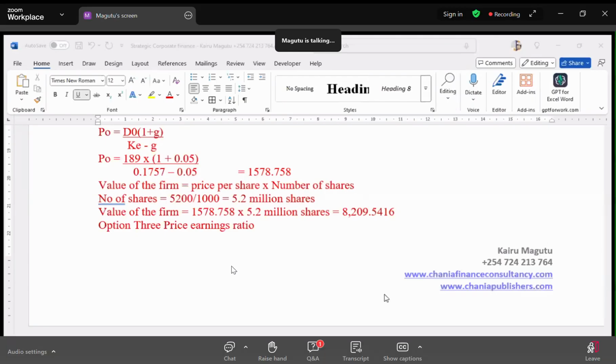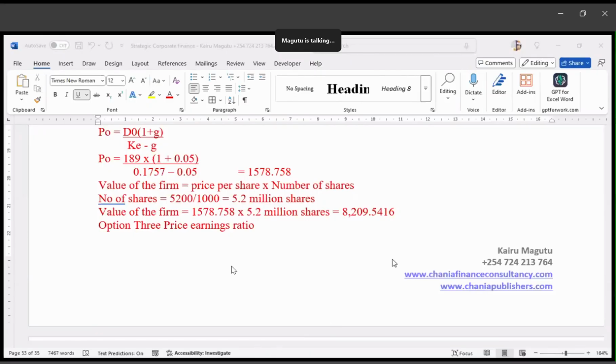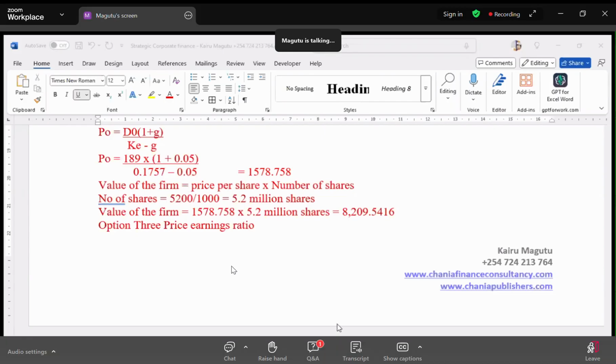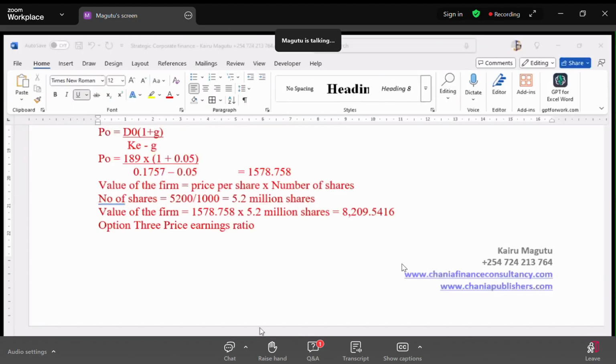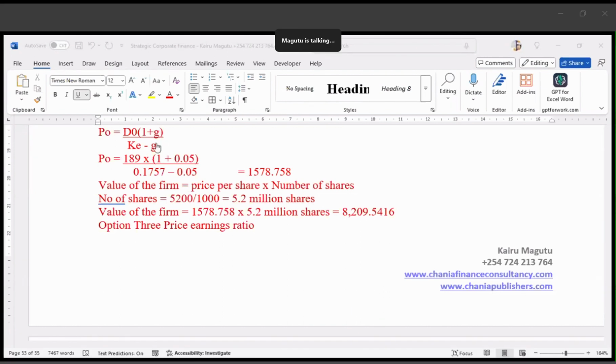Oh, now how will I know how we are moving? What happened with the chat box? Can you use the chat box instead of question and answers? My question and answers box is deactivated. I don't know what has happened. I understand there is some buffering of internet, possibly on my end. That's why it is behaving like that.